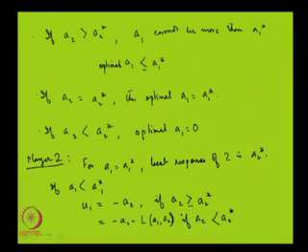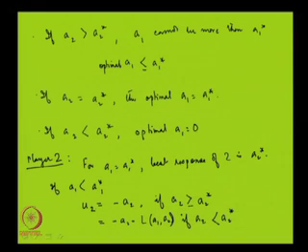Now, what we are going to show is the following, that A2 star is the best response for, sorry, this is U2. What we are going to show is that A2 star is the best response for player 2 if A1 is less than A1 star.